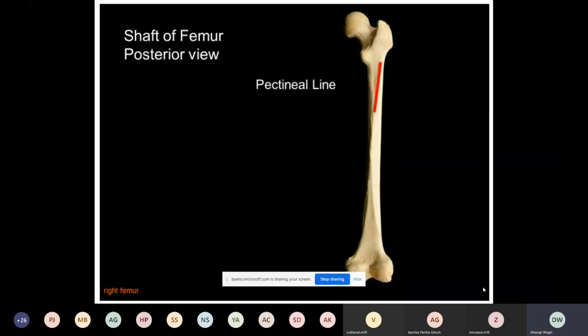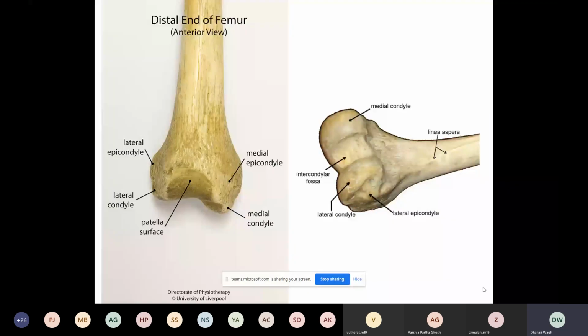Now come to its lower end. The lower end of the femur is widely expanded and forms two large condyles. This is the medial condyle and the lateral condyle. Anteriorly, these two condyles are united to each other, and posteriorly they are separated. You can see the two diagrams.